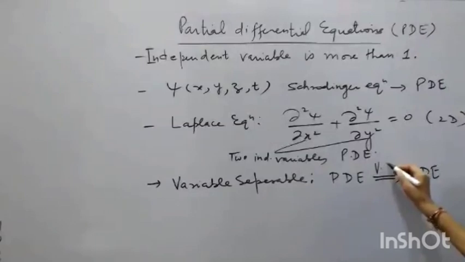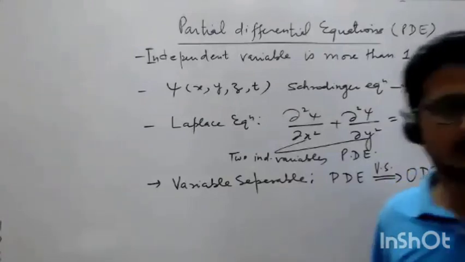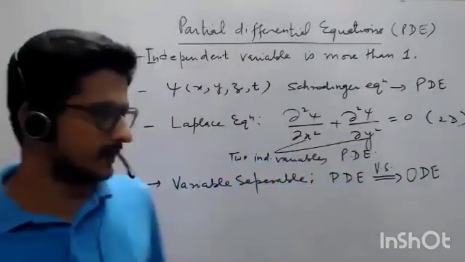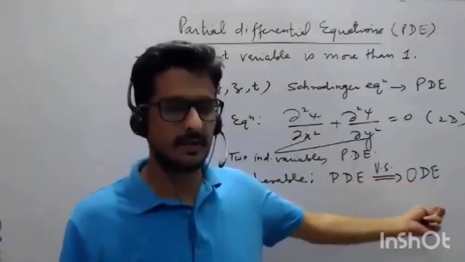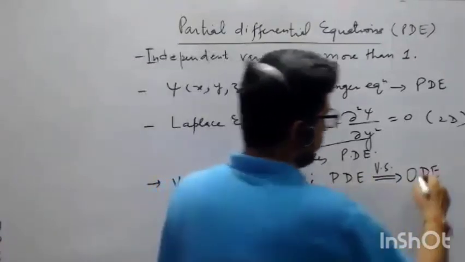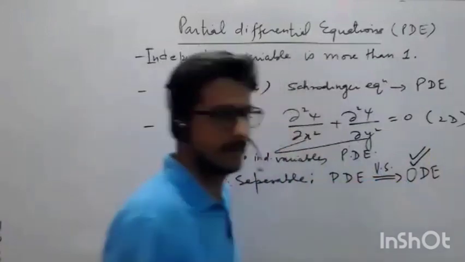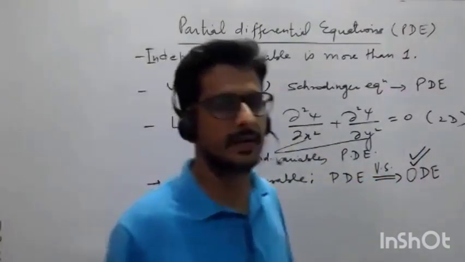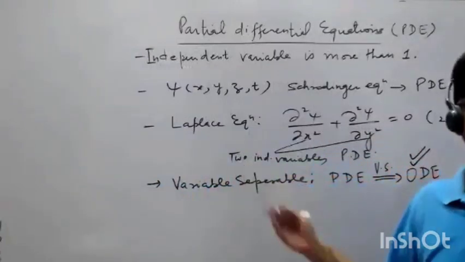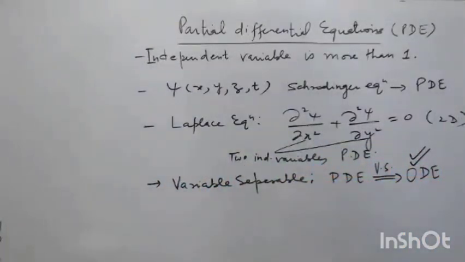And once you convert it into ordinary, for ordinary we already know the methods. So concept of ordinary differential equation will be used in this partial differential equation solution very frequently.